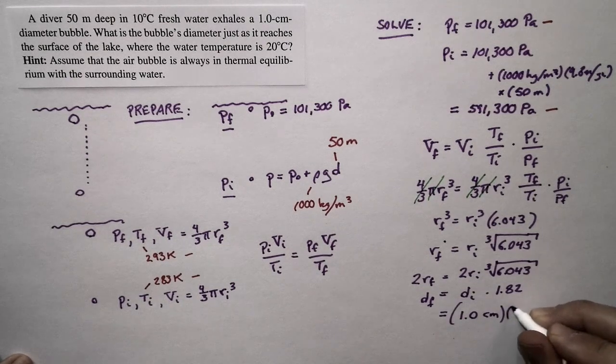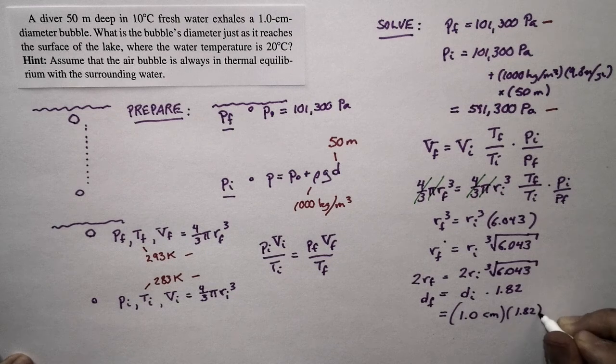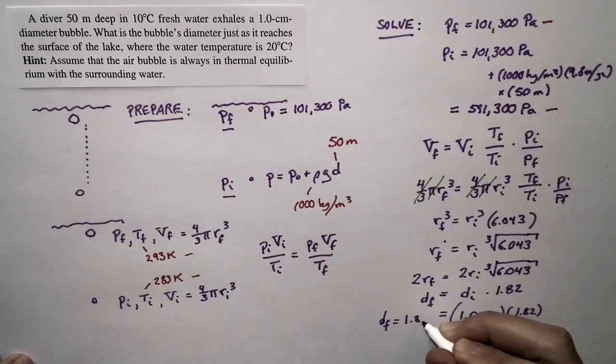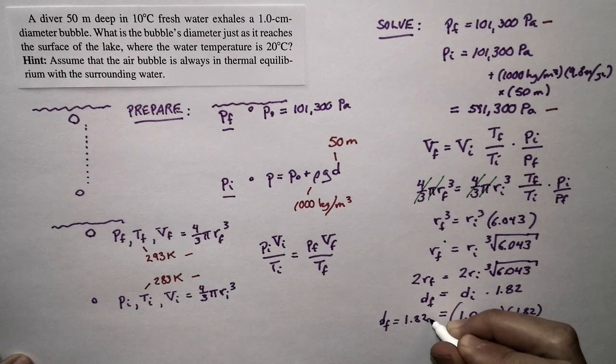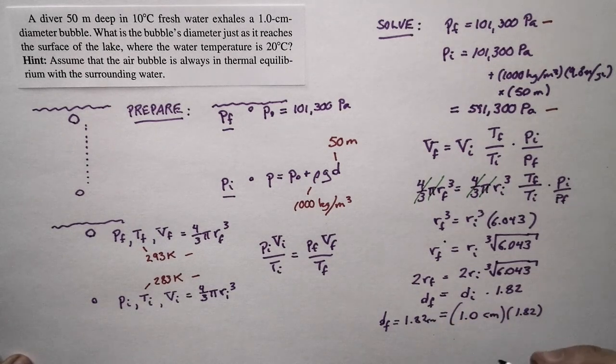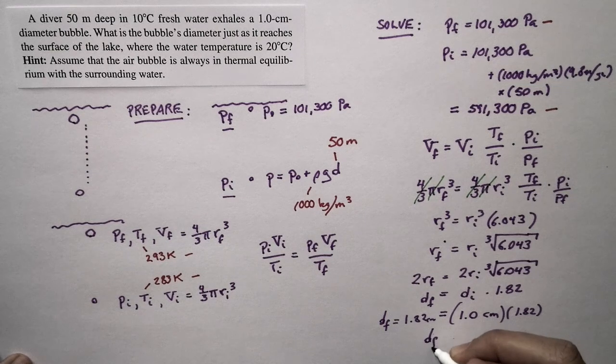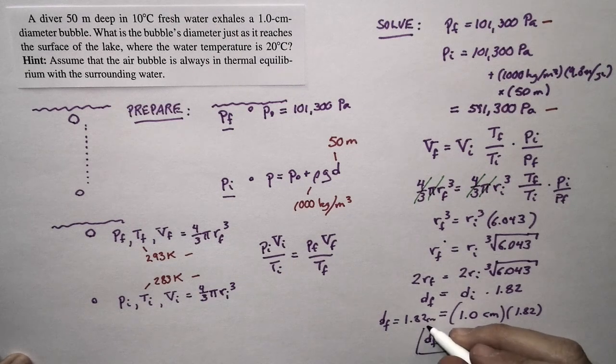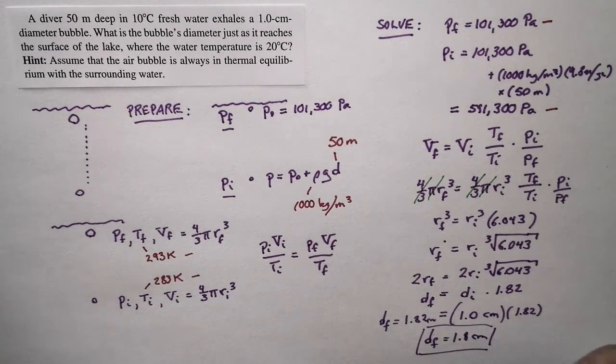So I take 1.0 centimeters, multiply it by 1.82, and I get a final diameter of 1.82 centimeters. And I'm going to round that, because it's a two significant figure problem, to 1.8 centimeters. And it's reasonable to give the answer in centimeters because that's what it was phrased as.